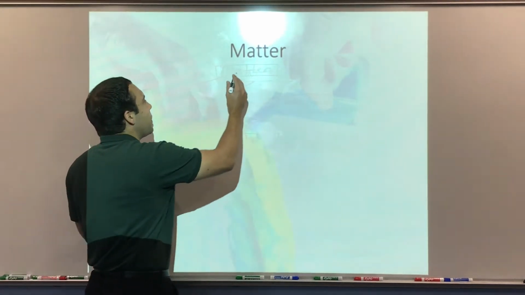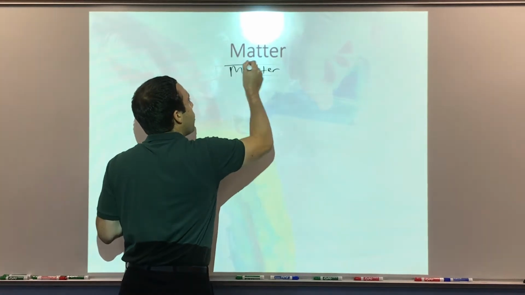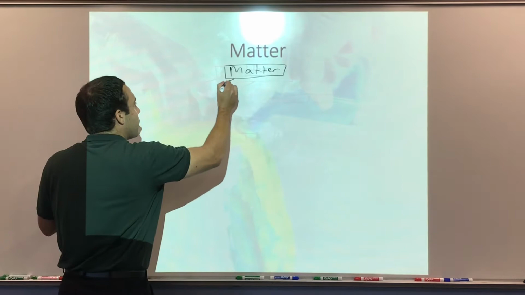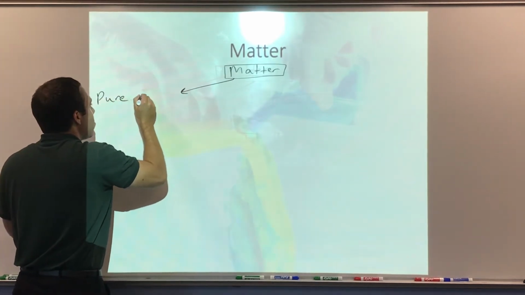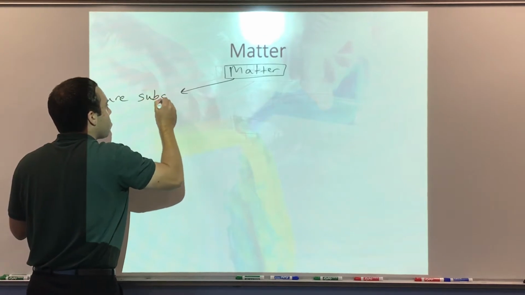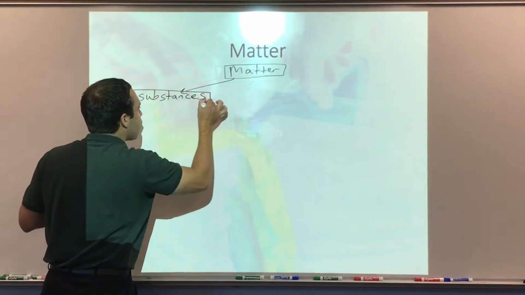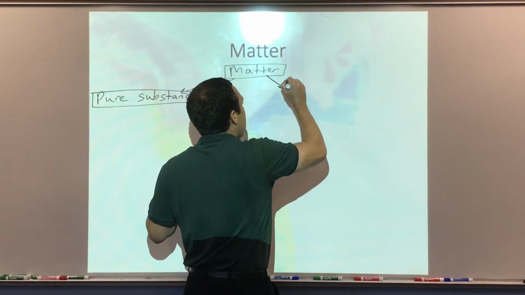So, everything is made up of matter. But we can break that down into two subcategories. The first one is pure substances, and the other is mixtures.